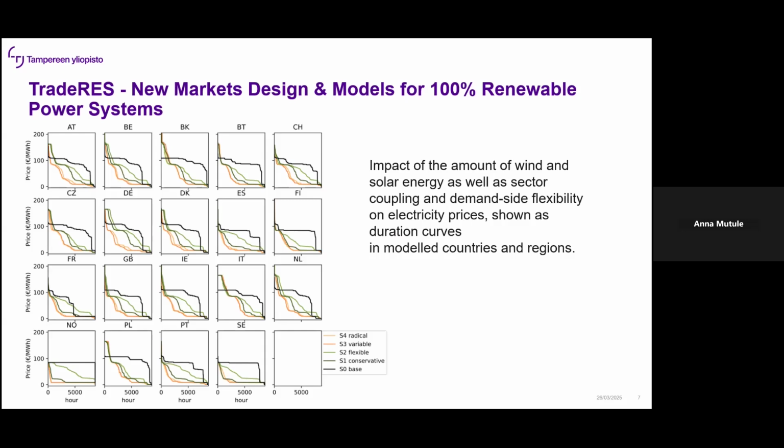One key insight from the analysis was that flexible demand played a major role in stabilizing wholesale electricity prices, especially in systems with very high shares of variable renewables like wind and solar, which have very low marginal costs.